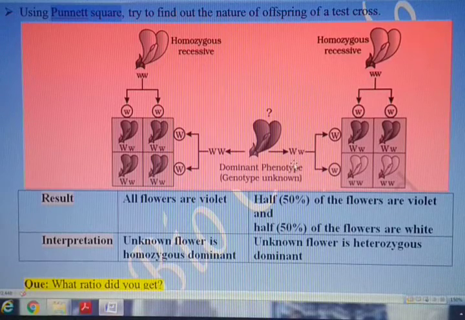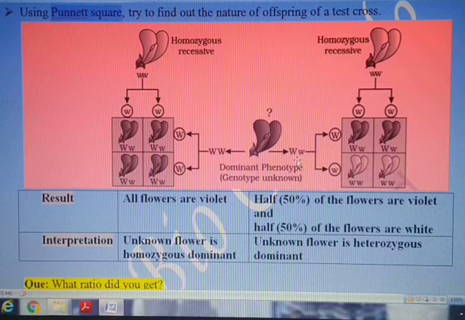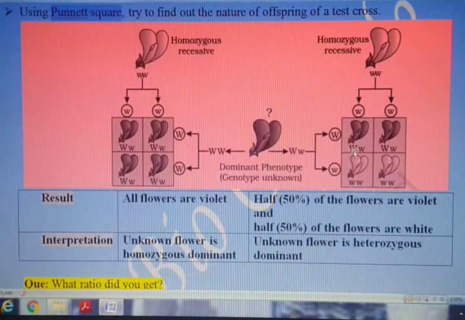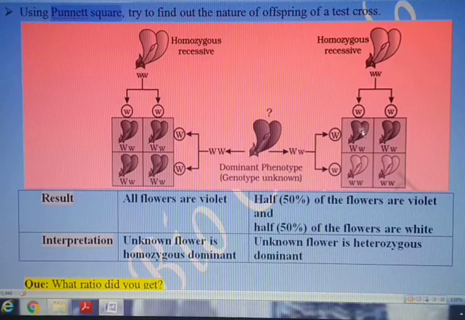A similar kind of experiment was carried out here in this case also. So what is happening here? 50% of the plants that are obtained from the seeds are going to form violet flowers, and 50% are going to form white flowers.